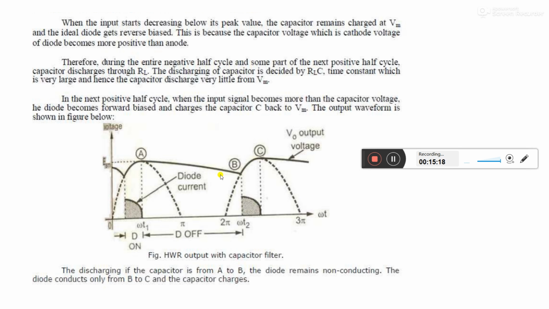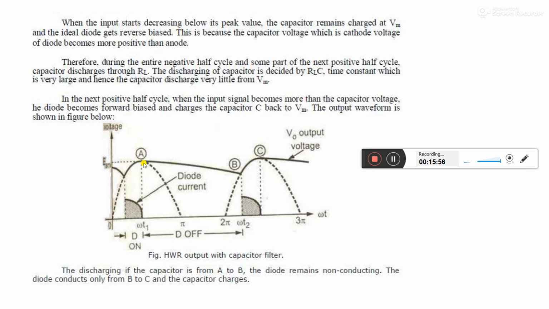The path of discharging is from point A to point B. Point B is where it starts charging again up to its maximum value, that is C. The capacitor voltage, which is the cathode voltage of the diode, becomes more positive than the anode. Whenever a positive peak is attained or starts, the diode is forward biased.